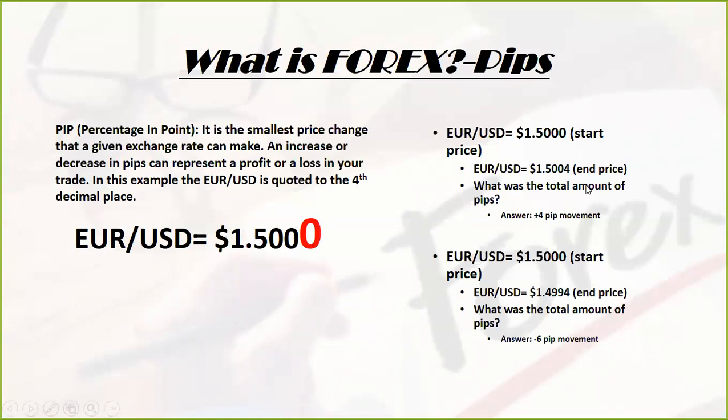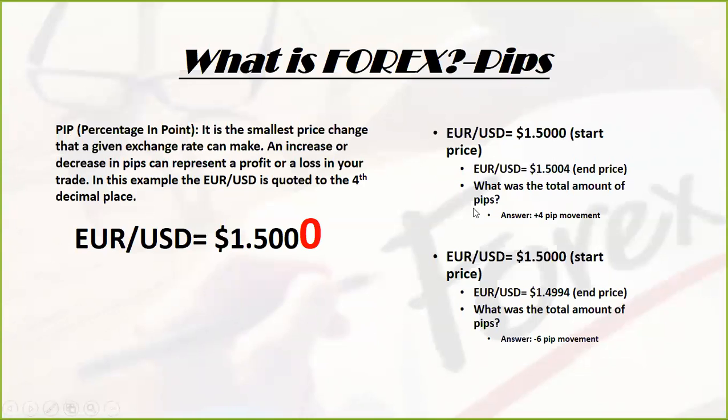If you follow me here to the right of the screen, let's say we started at $1.50, that's our start price, and the end price went all the way to $1.54. At first the 4th decimal place was at 0, but now we increased by four pips. So that was a 4 pip movement.